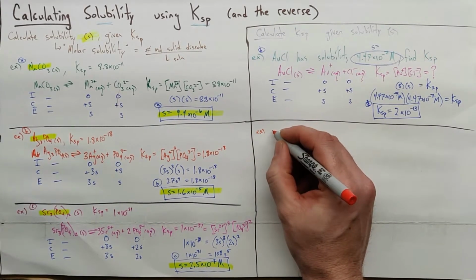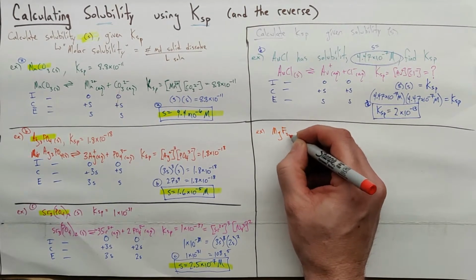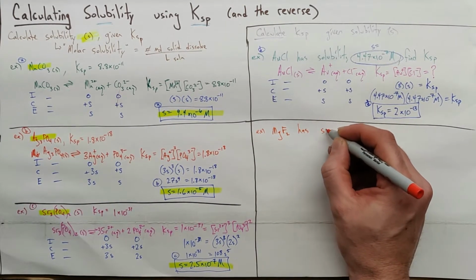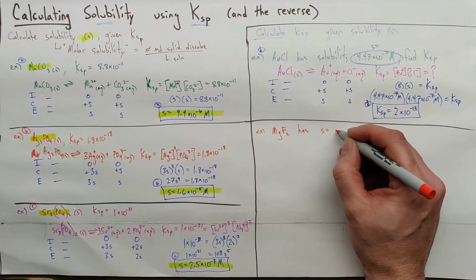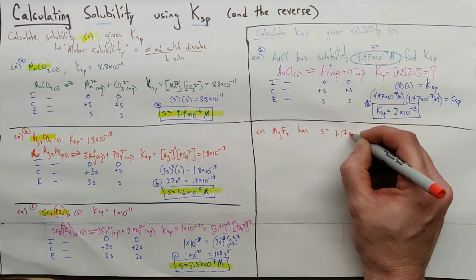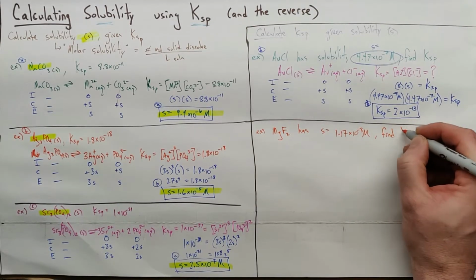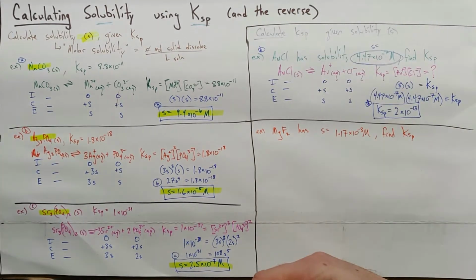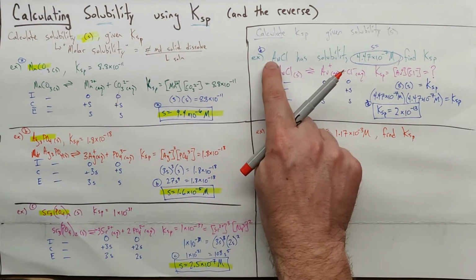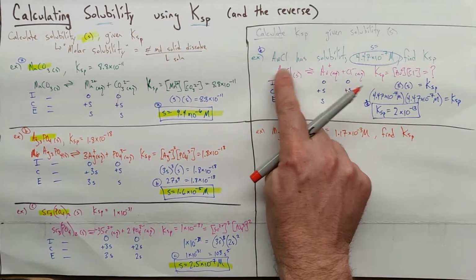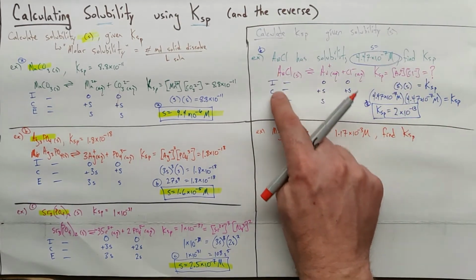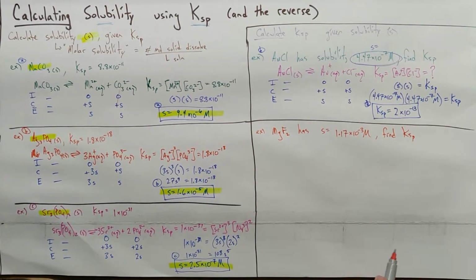We'll say MgF2 has solubility 1.17 times 10 to the minus 3 molar, right? Find Ksp. And it's the same setup every single time. Any equilibrium problem at all is going to be write your equilibrium expression, write a K equation, set up ICE, and then plug stuff in.